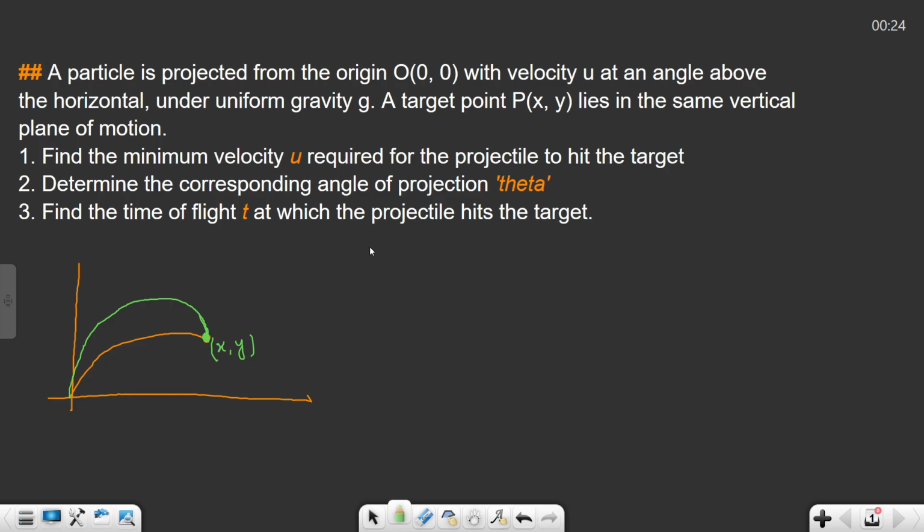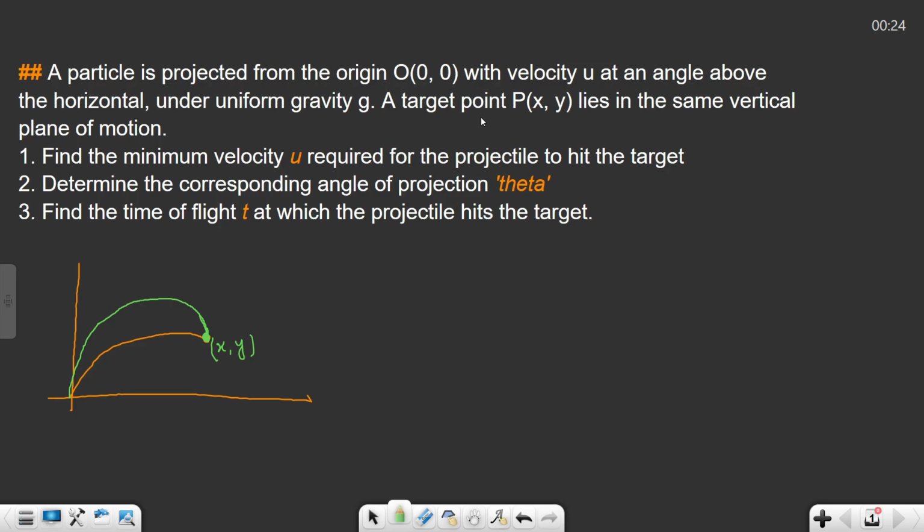What are those things? At first, we need to understand that we are throwing the object at some valid angle theta. So we are throwing the object at some real angle theta, and we are trying to reach a point x comma y that is situated in the xy plane, or the plane of the projectile.